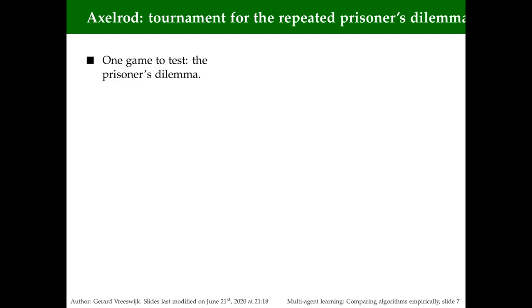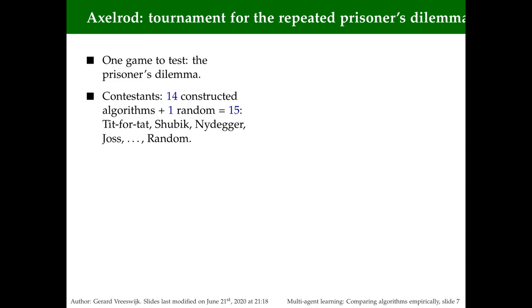So in Axelrod's tournament there is one game to test, the prisoner's dilemma, and in the first tournament there were 14 contestants and one random algorithm, which makes 15 algorithms. Among the contestants there were tit-for-tat, Shubik, algorithms named Nydegger, with all kinds of curious names, and of course random.